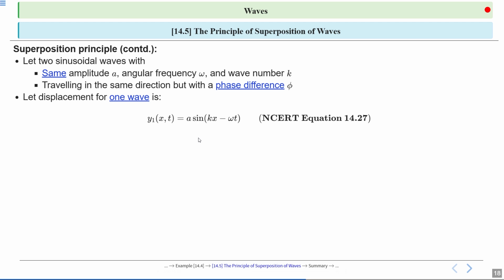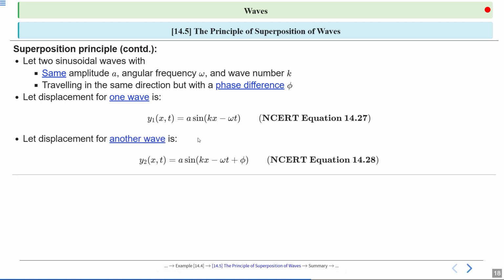So, the equation for displacement of the first wave: we have y1 of x,t is equal to a sine kx minus omega t. Here y1 is the displacement at position x and time t. This equation shows a wave moving in the positive x direction with amplitude a, wave number k, and angular frequency omega.